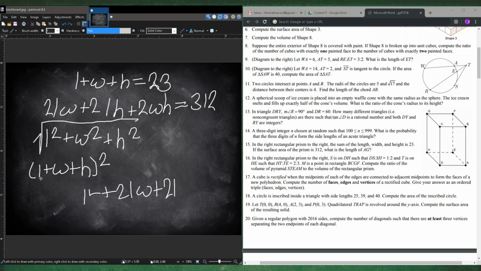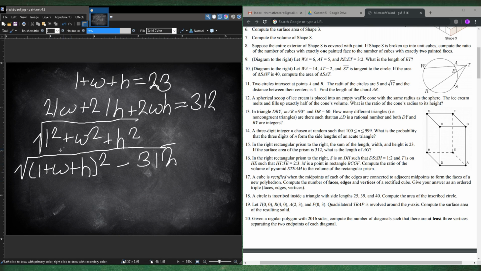So the length plus the width plus the height, squared, minus the 312, because that's the 2 length times width plus 2 length times height plus 2 width times height, gives length squared plus width squared plus height squared.